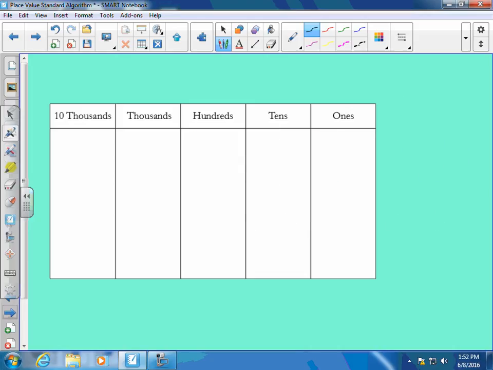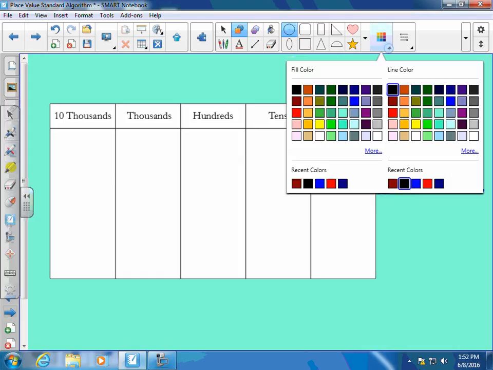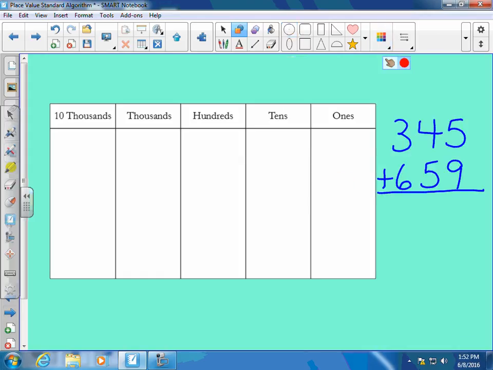All right, so let's look at a second problem. This time we're going to look at 345 plus 659. And again, we're going to place our place value chips into our place value chart. We had 5 ones, 4 tens, and 3 hundreds.